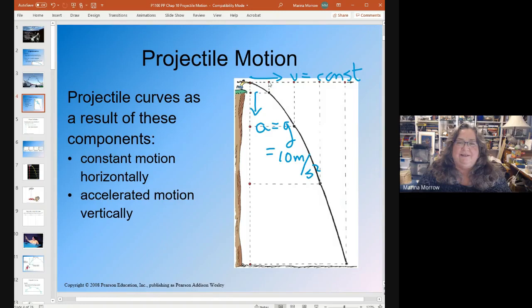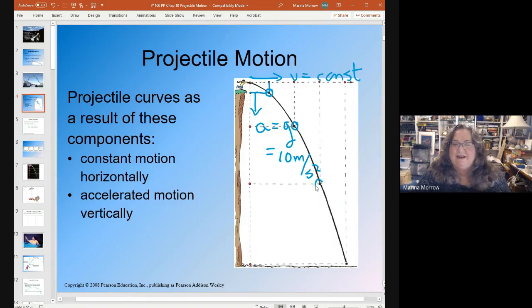You can see what's happening here. Across the top, we have this red ball, and it's going across at a constant pace in the horizontal direction, but it's gaining speed in the vertical direction. Those two together give you the location of the ball at each time. Let's say these are 1 second apart.